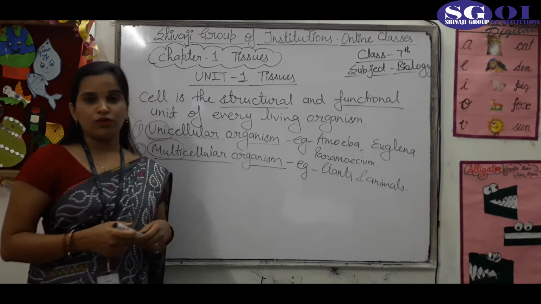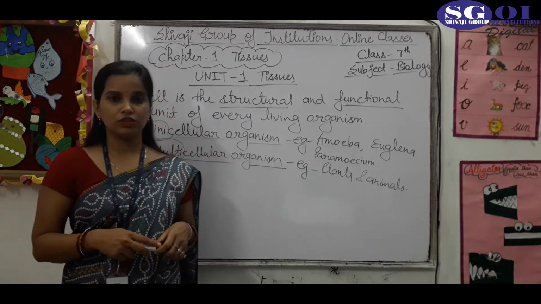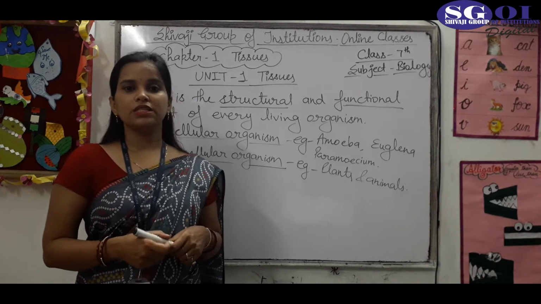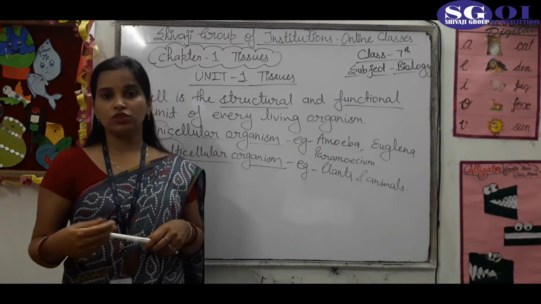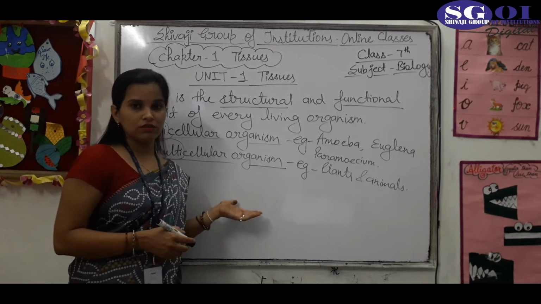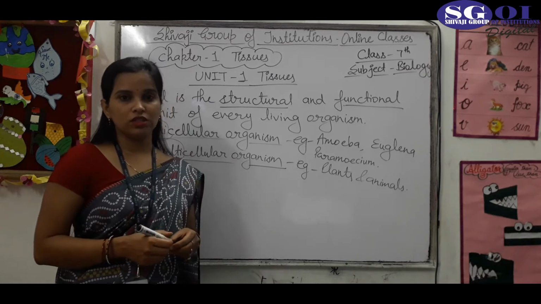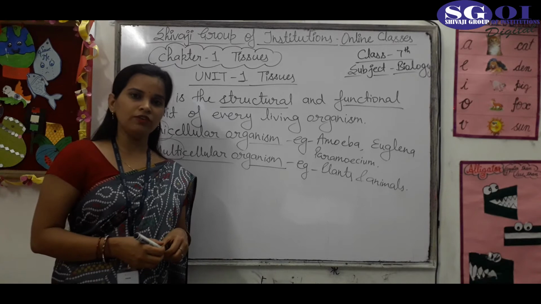Like some cells perform the functions of excretion. Some cells perform the function of respiration. Some cells perform the function of circulation. So there are different cells which perform different types of functions, specific cells which perform specific functions.